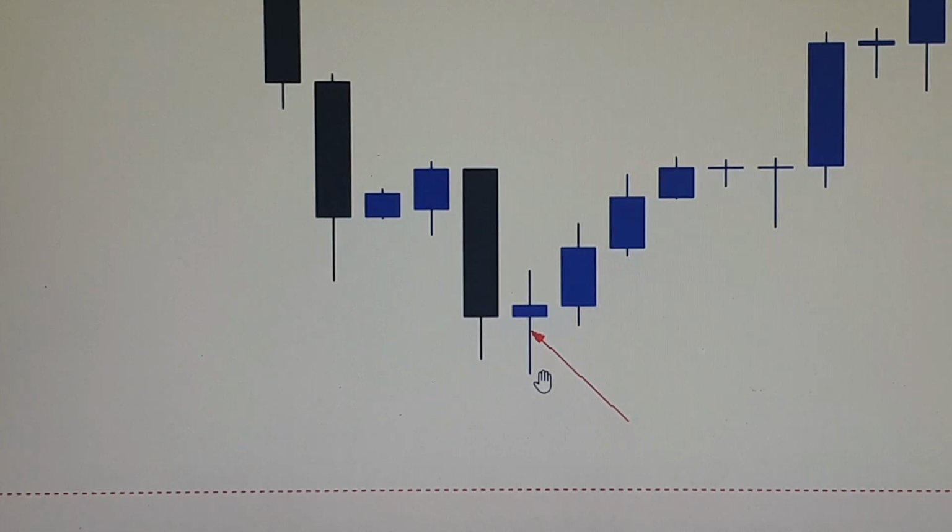I'll be talking about the cross doji. As you can see in this picture, it has a small body, very close to the upper wick, whereas it has a longer lower wick.